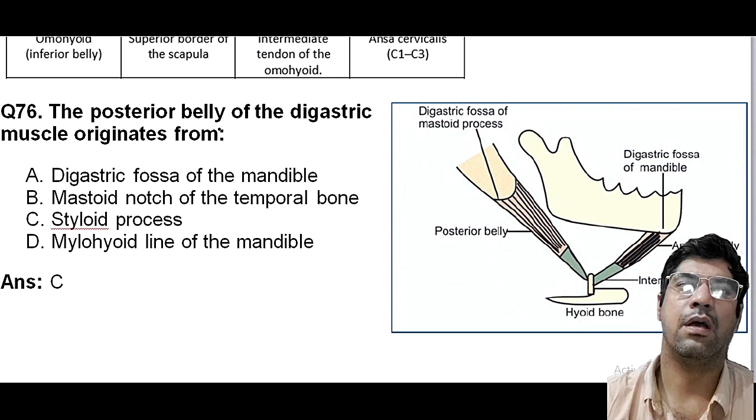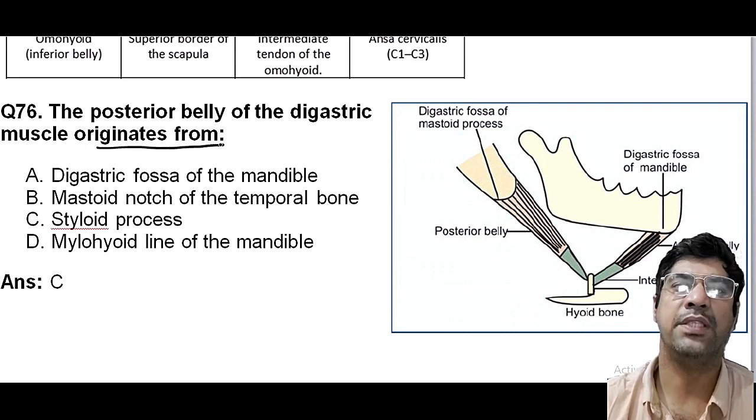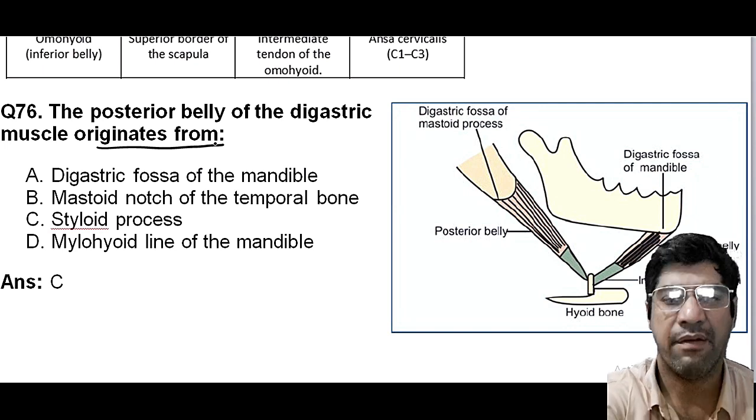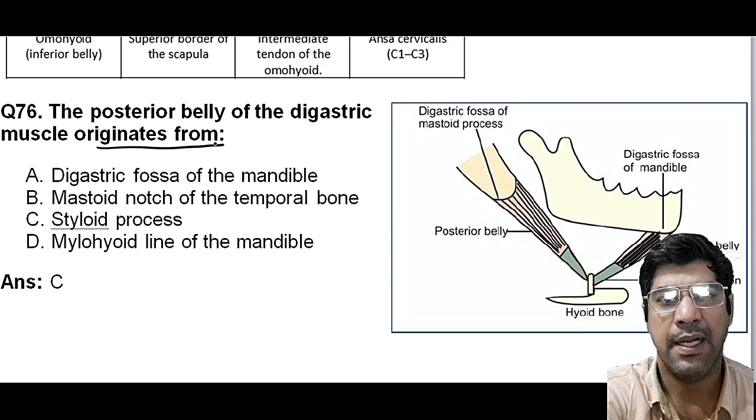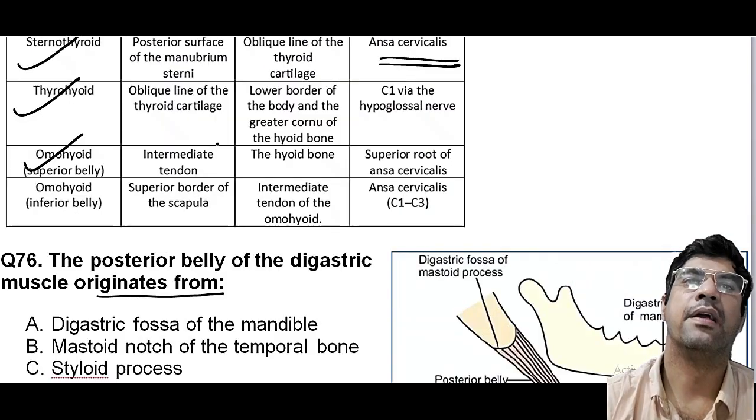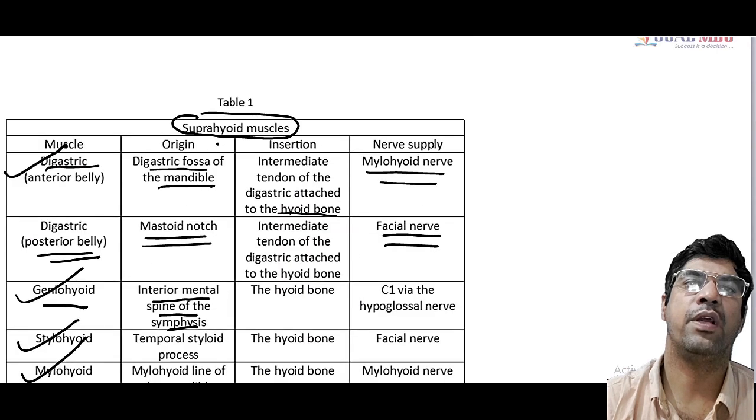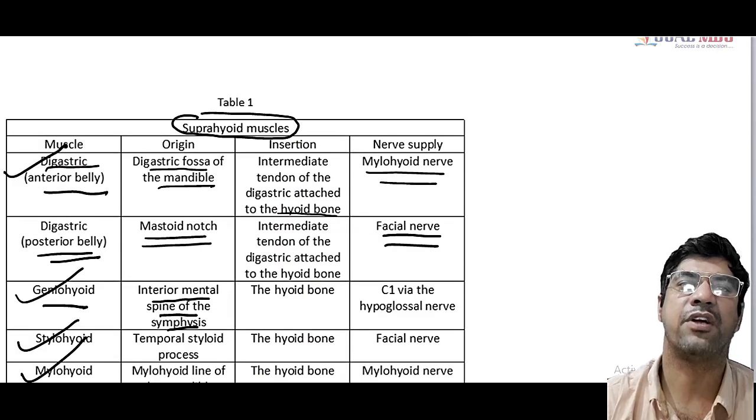Similarly, let us discuss the posterior belly of digastric. Just before, we discussed that there are two bellies. One is the anterior belly of digastric and the other is the posterior belly of digastric. The anterior belly origin is the digastric fossa of the mandible and the posterior belly origin is from the mastoid notch.